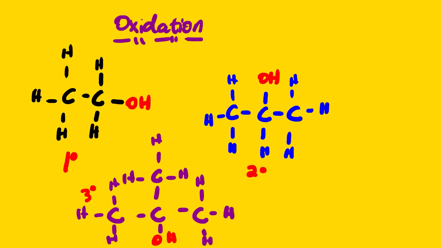Now the type of the outcome that we have after an oxidation reaction fully depends on the type of alcohol we have. So each type of alcohol we have here will yield a different functional group. So let us start with the primary alcohol.